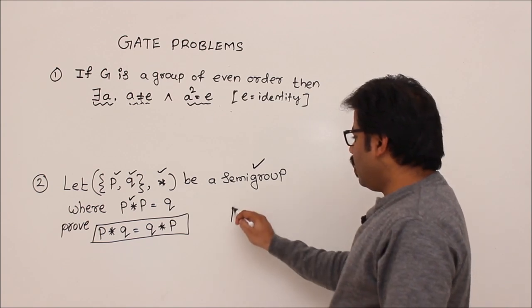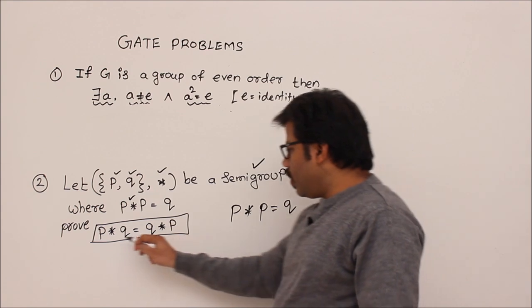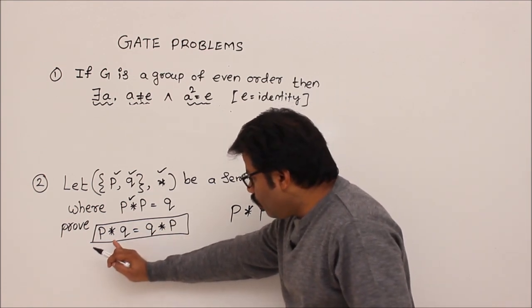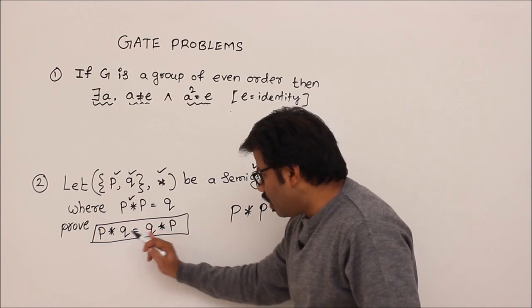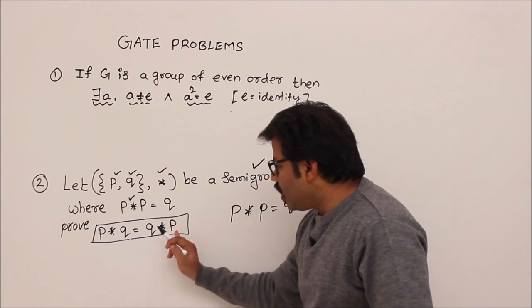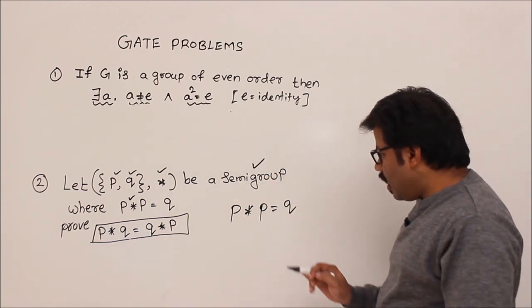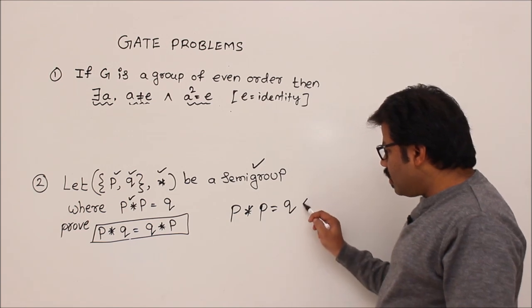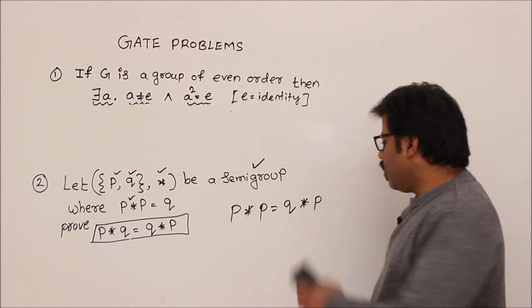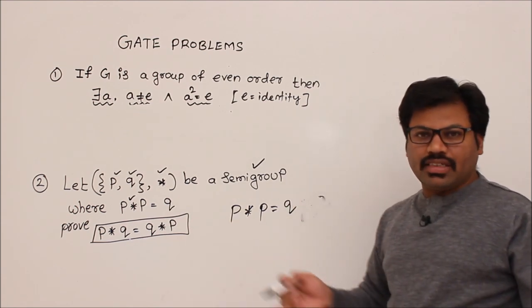Let us begin here. P star P equal to Q, and to be shown is P star Q equal to Q star P. With respect to P, you see Q is on the right side here, and with respect to P, Q is on the left side here, correct? If I apply P here, then you get Q star P. If I apply P here, you get P star Q. But we have to prove that they are the same.